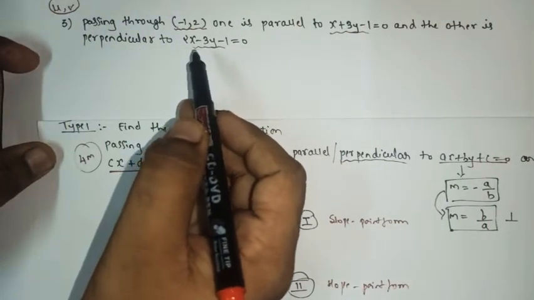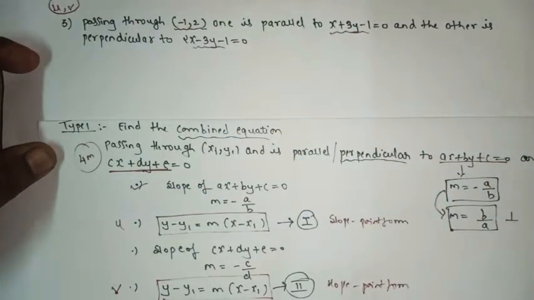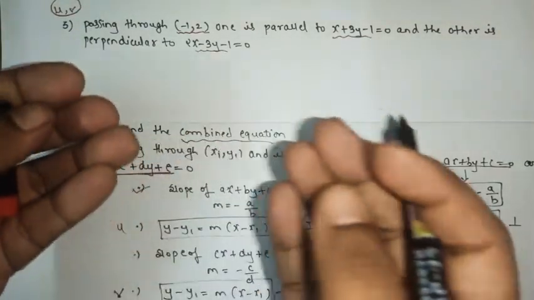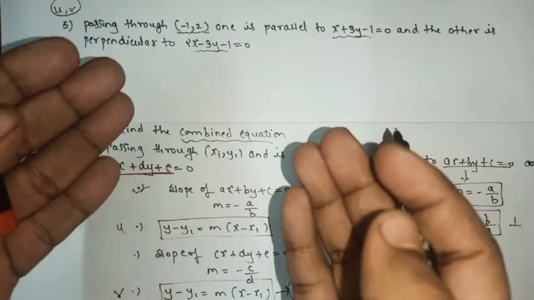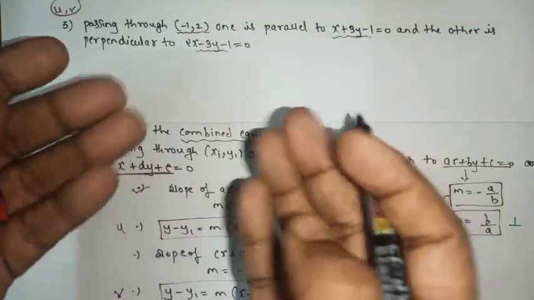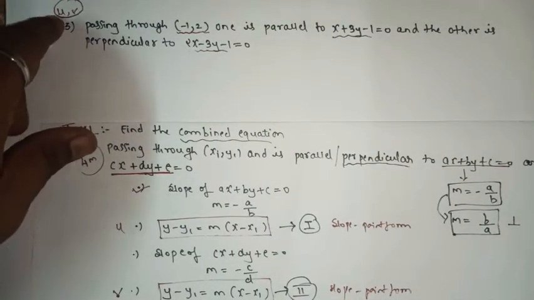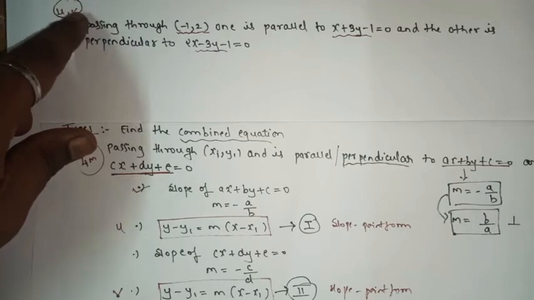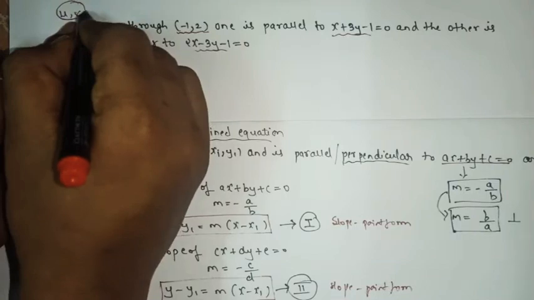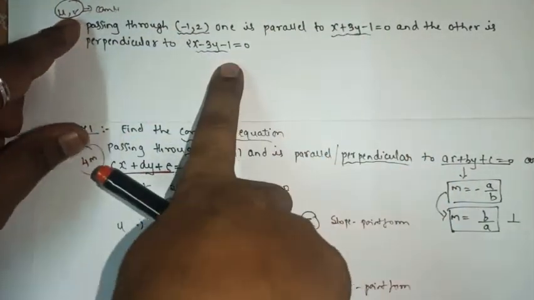So how can we multiply these two equations to find our combined equation? We cannot, yes or no? Here we actually have to find those two linear equations. We don't know them, so we'll consider one linear equation as u and the second one as v. This u and v will get multiplied together to get the combined equation. So directly we cannot multiply these two equations.